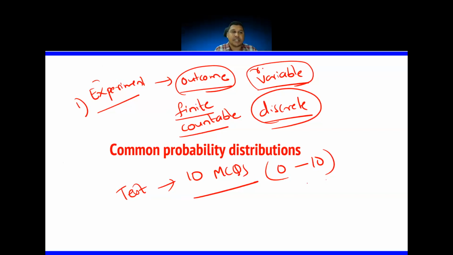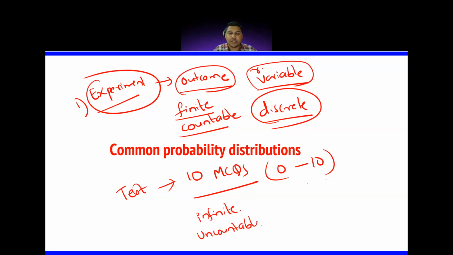Same experiment, if I repeat, I may get random outputs from this, right? When those outputs are infinite and uncountable, in that case, we call such a random variable a continuous random variable. Why? Because an example can be weight. Weight of students, for example.